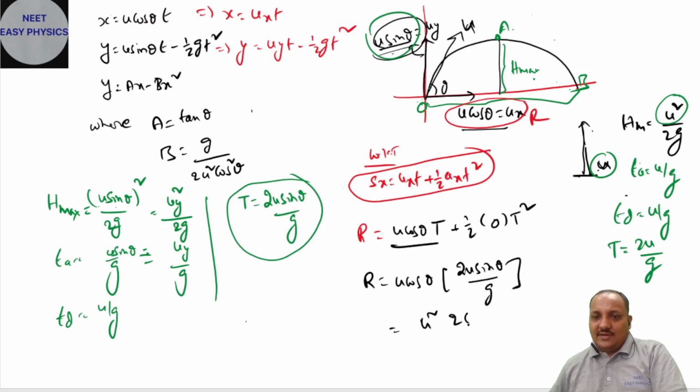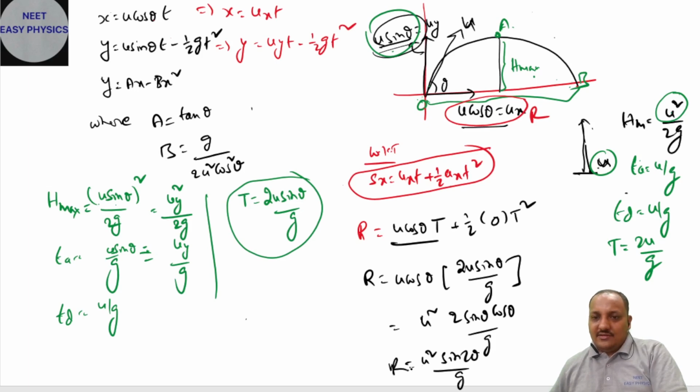U square 2 sin theta cos theta by g. So u square sin 2 theta by g. This is the range formula. So finally you got another new equation for this projectile, u square sin 2 theta by g. Isn't it? This is the range equation.